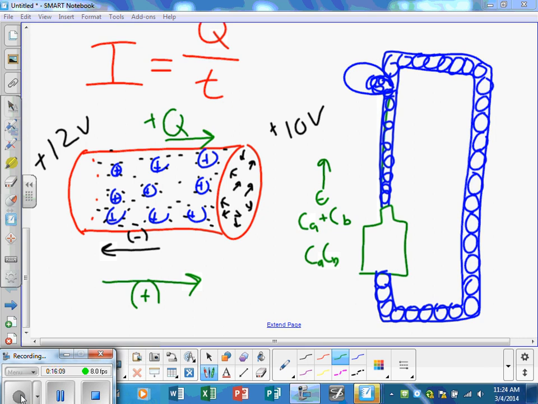So think of the reduction reaction. On the other side of the battery is compound C plus compound D. They're trying to get together, but they're too positive. So once they get an electron added to them, then they can get together as a compound CD. And that's called a reduction reaction because you added negativity to it. You add an electron to it. That's reduction.